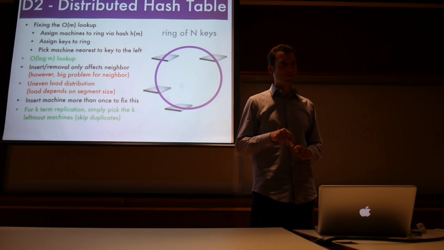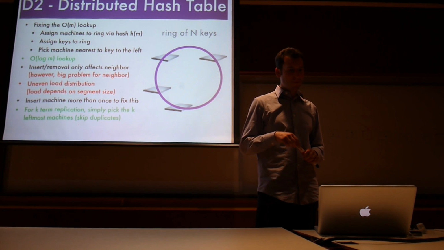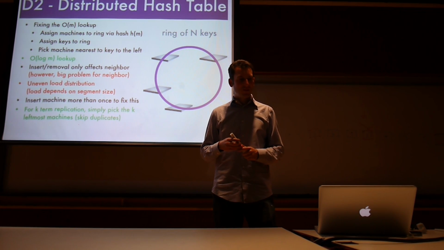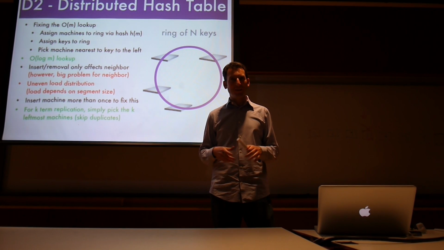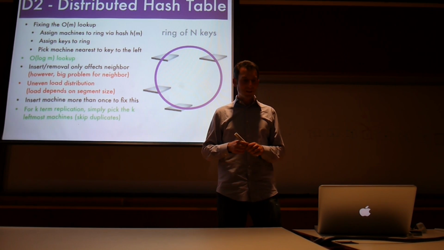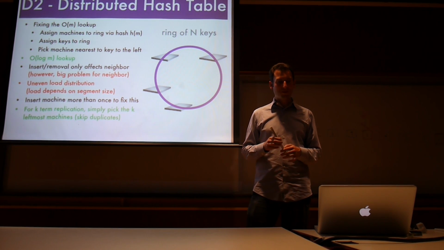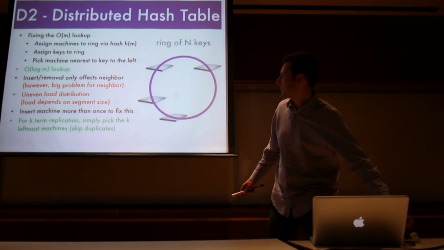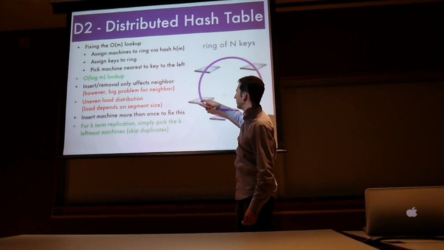You may have heard that from peer-to-peer. So a DHT is actually something very, very simple. You basically take a ring of n keys, make n reasonably large, and you assign the machines to this ring via hashing. So each machine gets a position somewhere here.